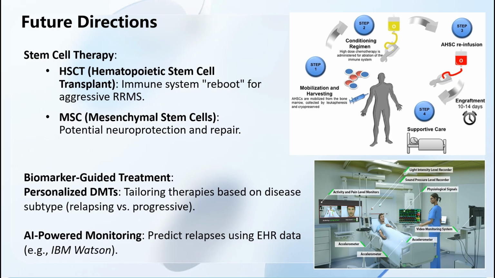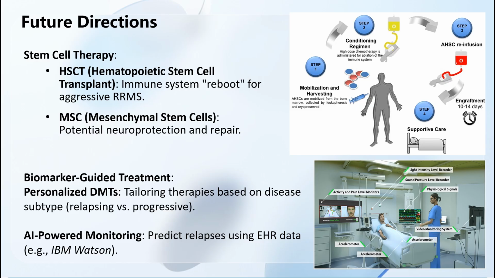Focusing a little on future directions, there needs to be enough research on therapy, technology, as well as patient-centered care, and that would aim to improve the quality of life as well as disease management for these patients. We can focus on stem cell therapy such as HSCT, which is hematopoietic stem cell transplant.